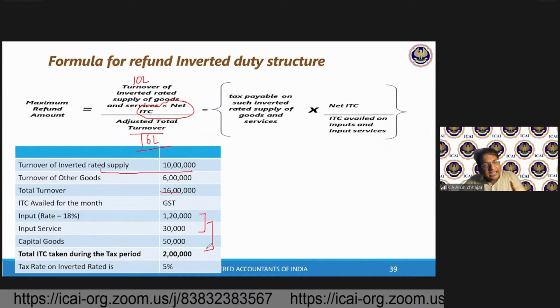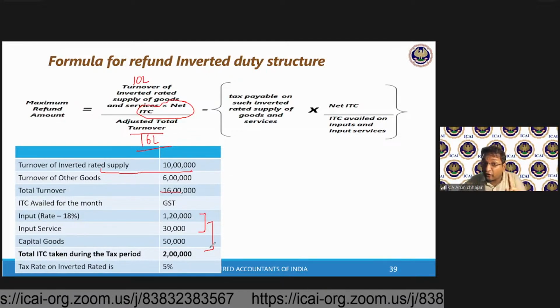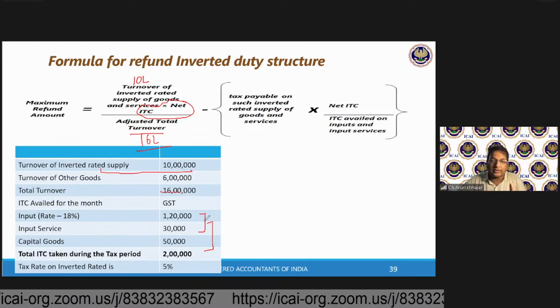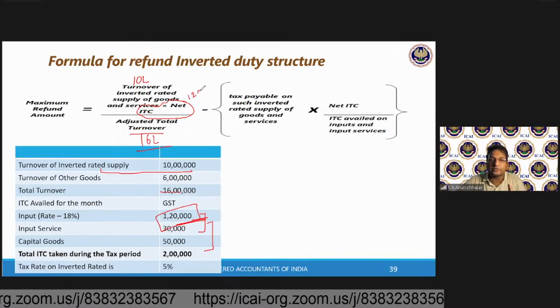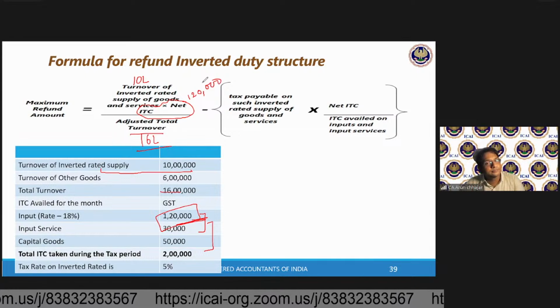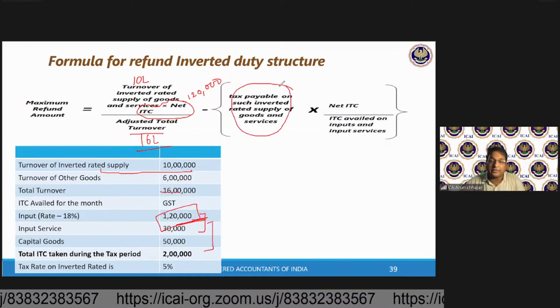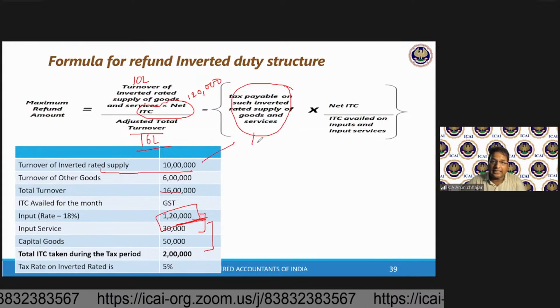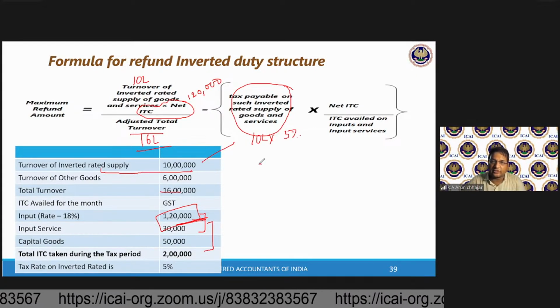We have discussed that in case of the inverted duty, we are entitled to take the refund of only input. So the net ITC means ITC of input. So it is 1,20,000. Tax payable on the inverted rated supplies of the goods. What is the value? 10 lakh. What is the tax rate? 5%.